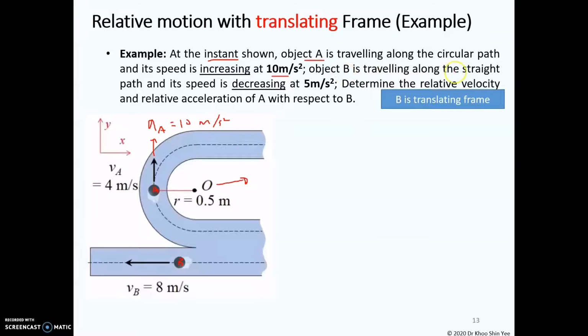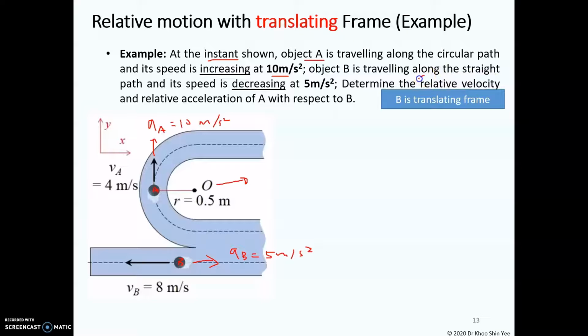Object B is traveling along the straight path, and its speed is decreasing at 5 meters per second squared. Therefore, you can obtain the acceleration for point B to be 5 meters per second squared. The direction for the acceleration is opposite to the movement of point B. This is because object B is experiencing deceleration, where the speed is decreasing over time.